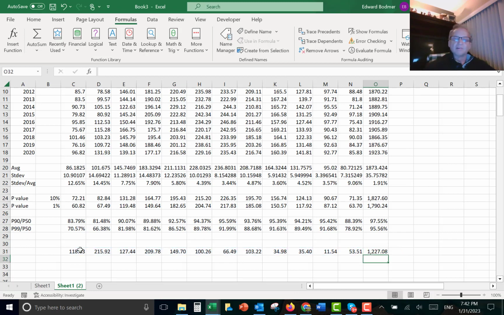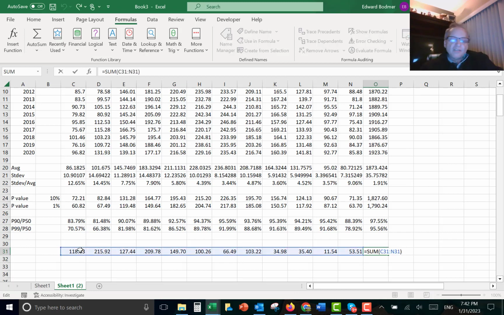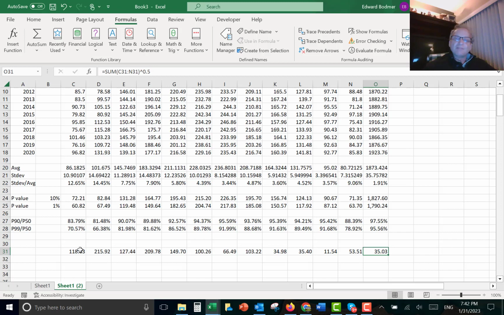Okay, alternate equal works. And then once you sum it, you take the square root, 0.5. And then I get 35. And look at this. Oh my gosh, look at how close this 35 is to this, suggesting that the deviations month by month are independent. It's almost like you could go backwards and test for independence with something like this, but that's just what I thought of now. Okay, and that's the idea.